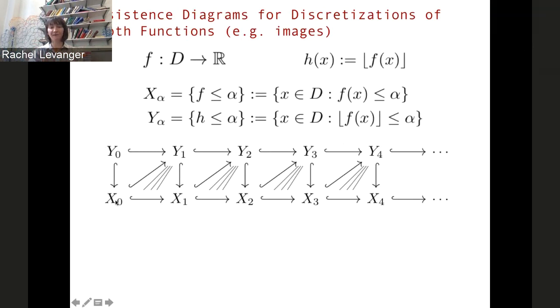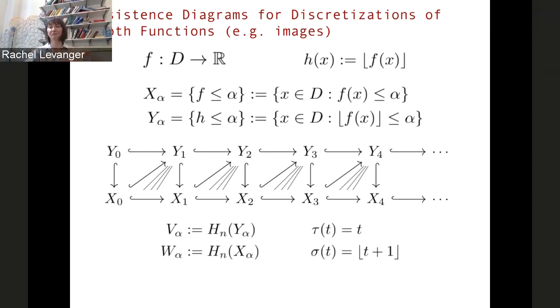And so once you pass X0, now these are actually equal, and you have to include up to the next index to make sure you've dropped enough values into your sublevel set. So here's our structure we get at the level of topology in order to include. When you apply homology, then you can look at what your translation maps might be. This is a right continuous version. It actually doesn't end up having to be right continuous, but this was a little older version of the slide.